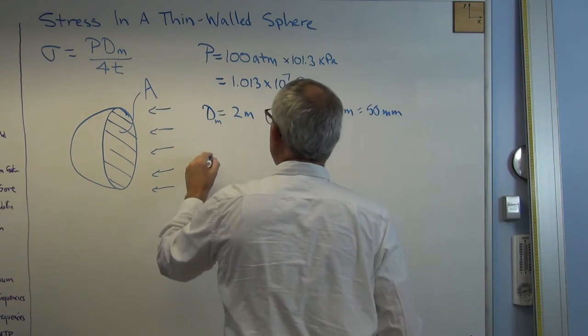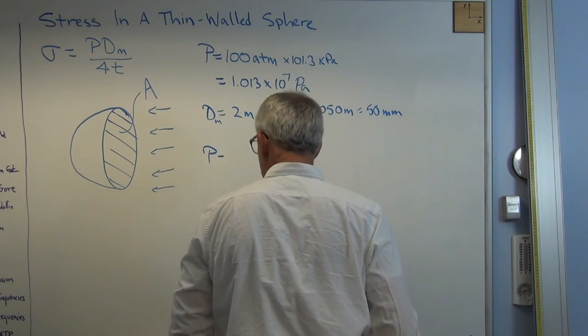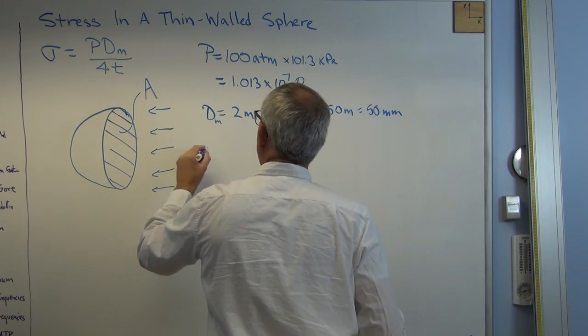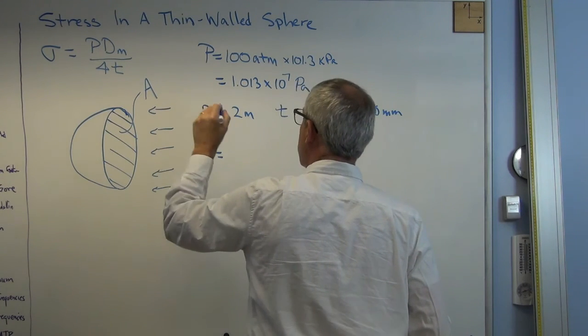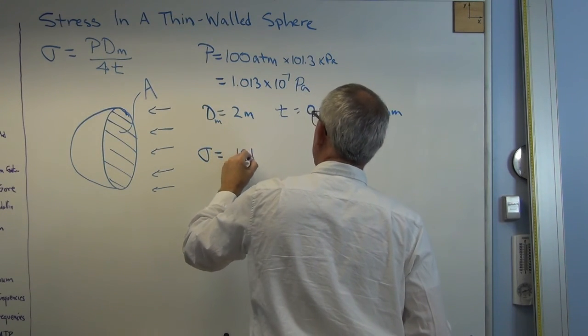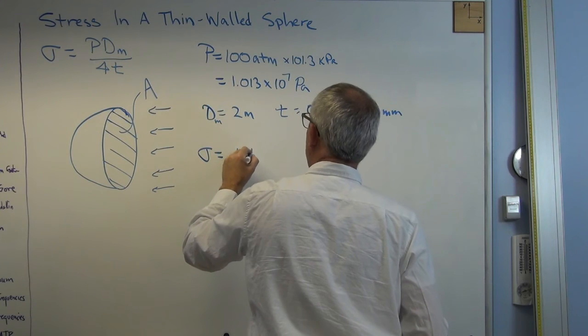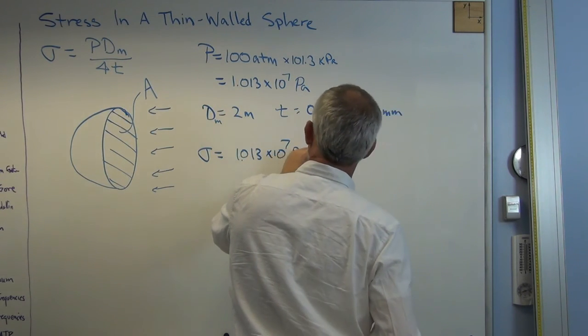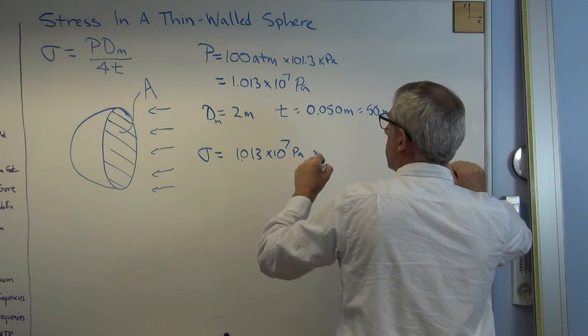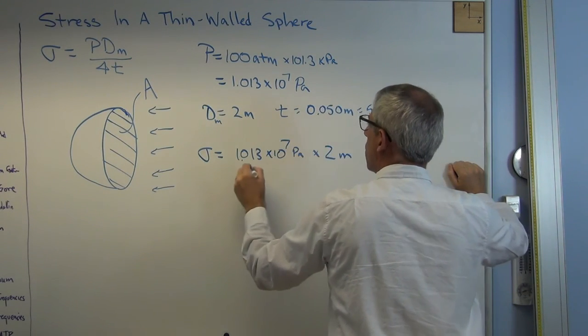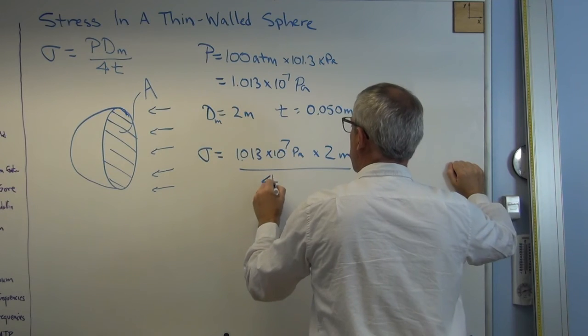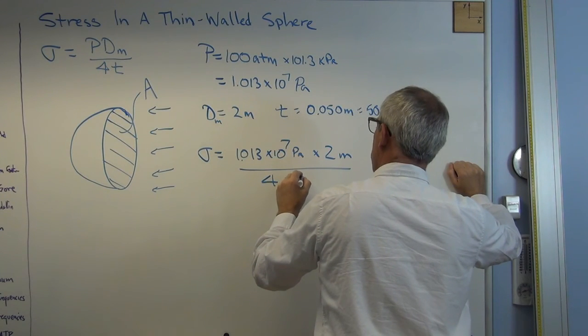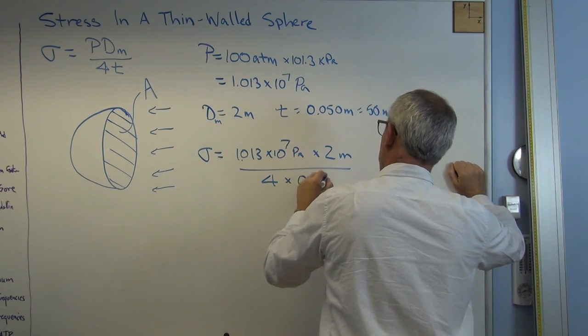Okay, so I work this out. I'm going to get P times dm, so 1.013 times 10 to the 7th pascals times dm, so that's 2 meters, and over 4 times 0.050 meters.